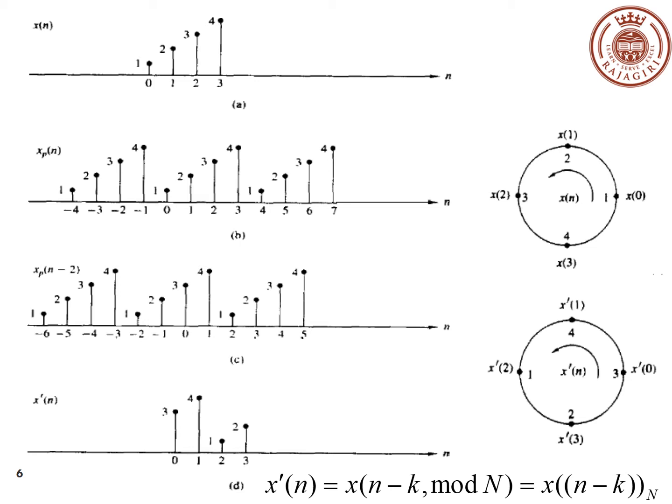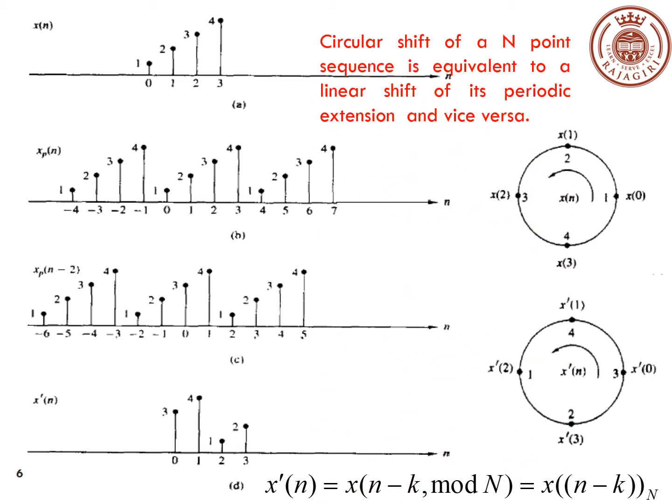And now look, if you write the samples, at 0 it is 3, at 1 you have 4, at 2 you have 1, and at 3 you have 2. Okay, so this is what we mean by a circular shift. And it can be represented as x dash of n is x of n minus k mod n. Okay, and that is represented using this notation.